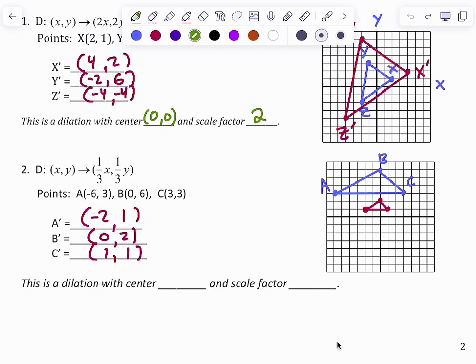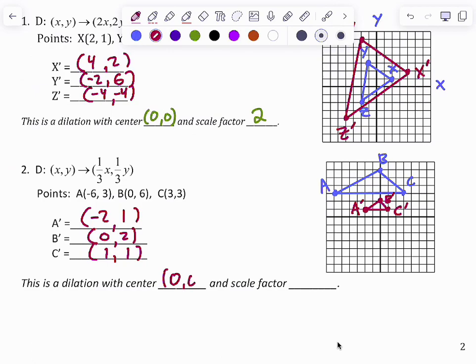That decimals activity was like that. So that should remind you of that. I could actually count the distance from A to C. It's 9. And the new A to C is 3. So from 9 to 3 is 1/3.